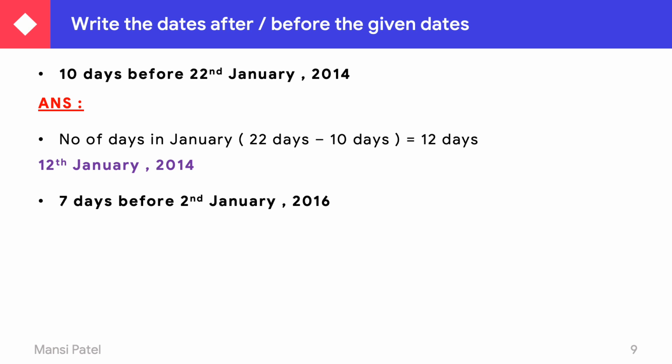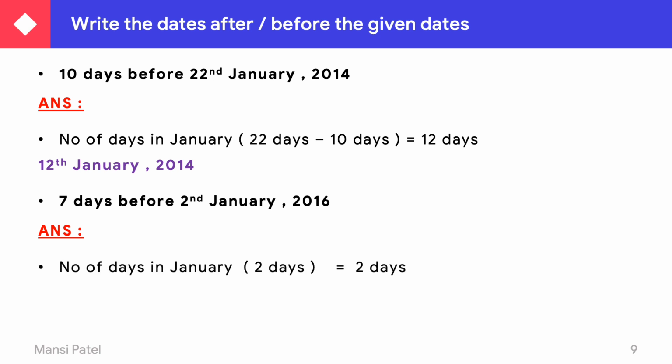Another example, 7 days before 2nd January. First let us find out how many days there are in January. 2nd January means there are only 2 days. From this total of 7 days, 2 days are of January. So how many days are left in December? In December, a total of 31 days are there, minus 5, because we have to take just 5 days of December. 31 minus 5 is 26.